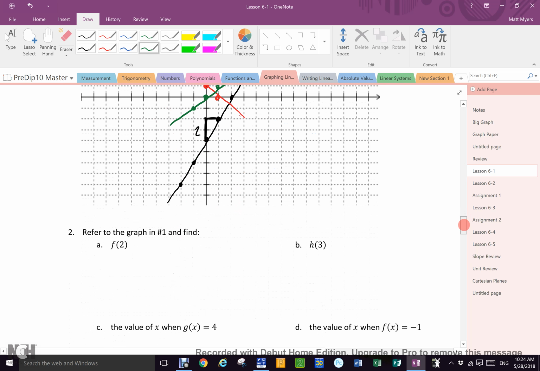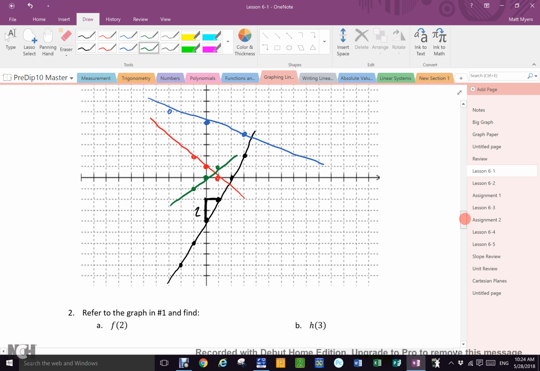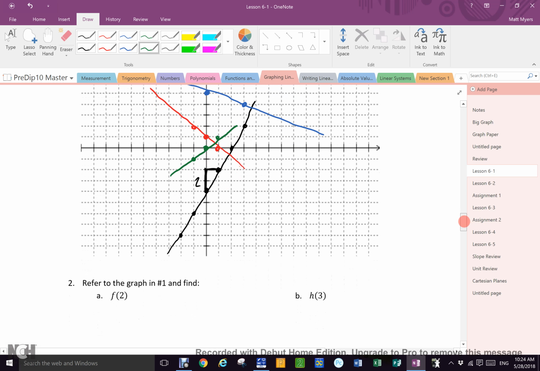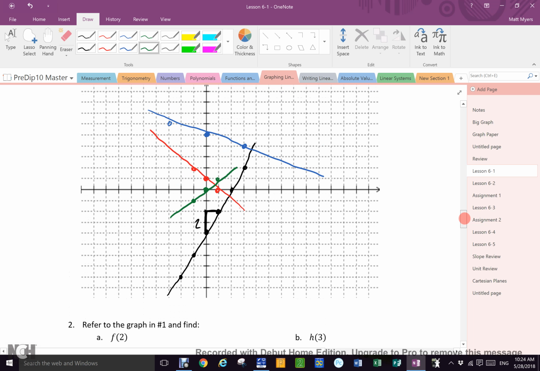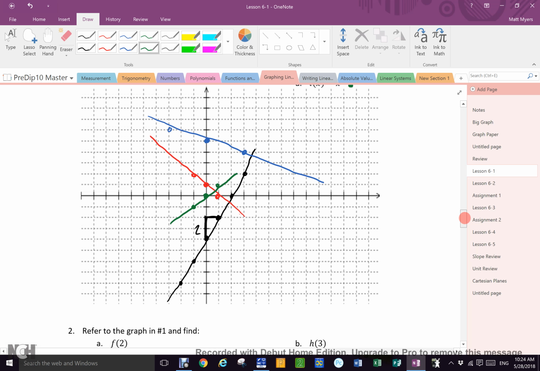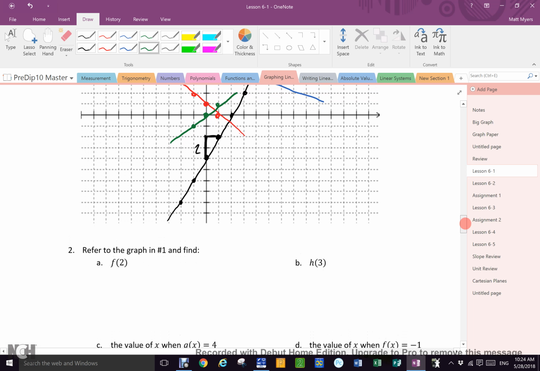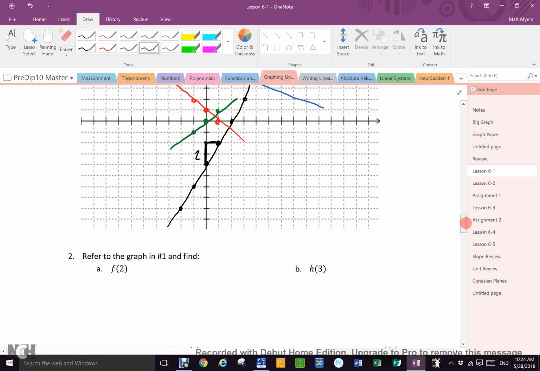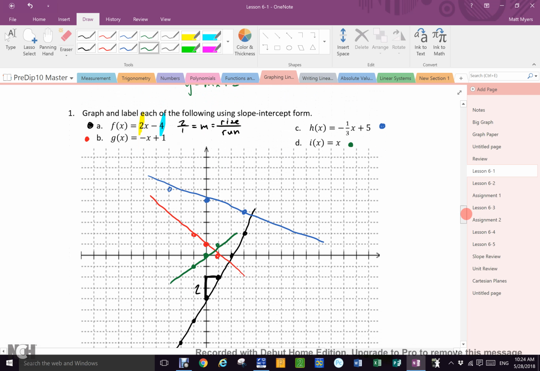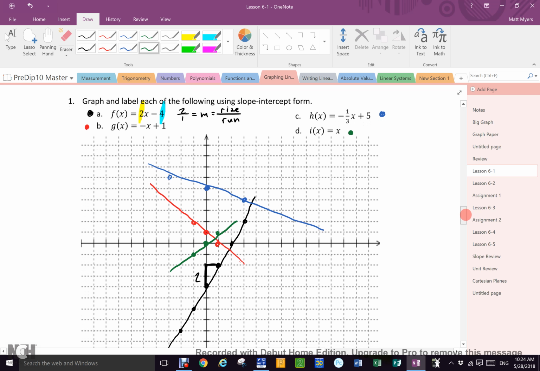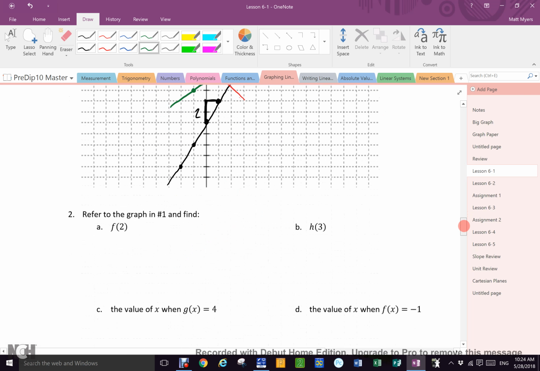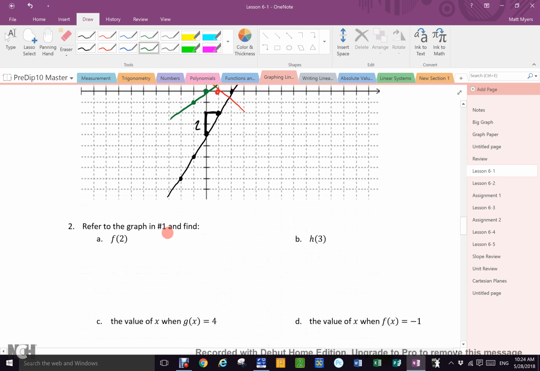Now, quick practice from last unit. Which of those lines, blue, green, red, or black, is the function f? That is the black line, correct? Yep. Okay. Since it's graphed, could we do this on the graph? We could, couldn't we?